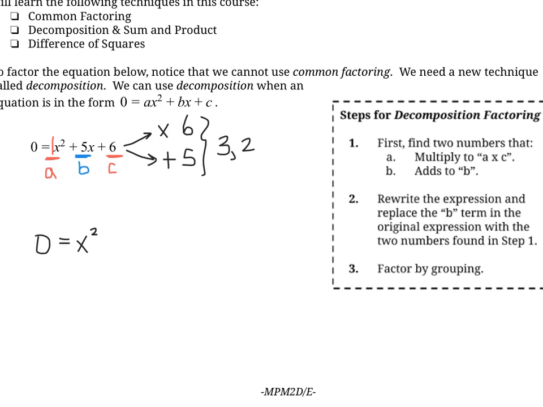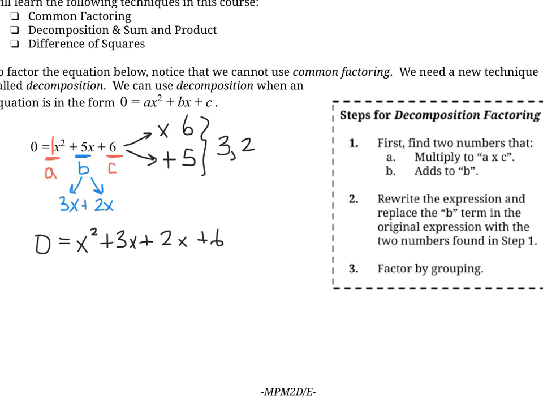So we're going to take this b and change it from 5x to 3x plus 2x, because that's the exact same thing. 5x is the same as 3x plus 2x. So we're going to rewrite it as x squared plus 3x plus 2x, and don't forget to write the plus 6. So we haven't actually changed this equation. We have 0 equals x squared, and then we took this 5x and changed it to 3x plus 2x, so it makes 5x, and we have a plus 6.